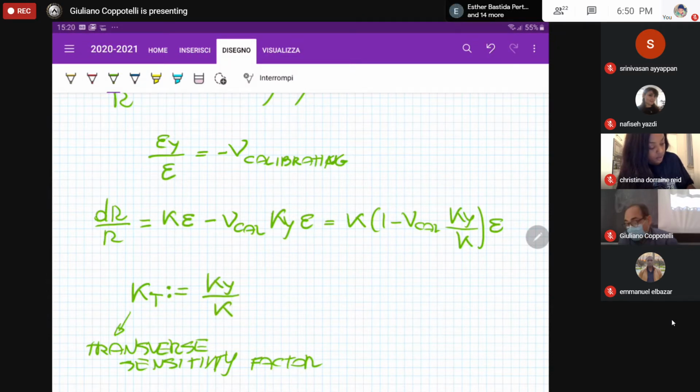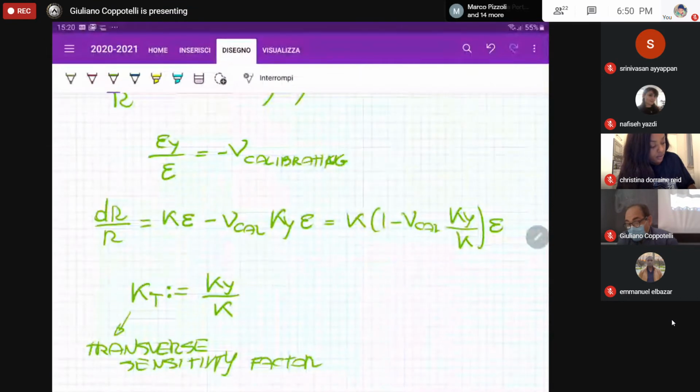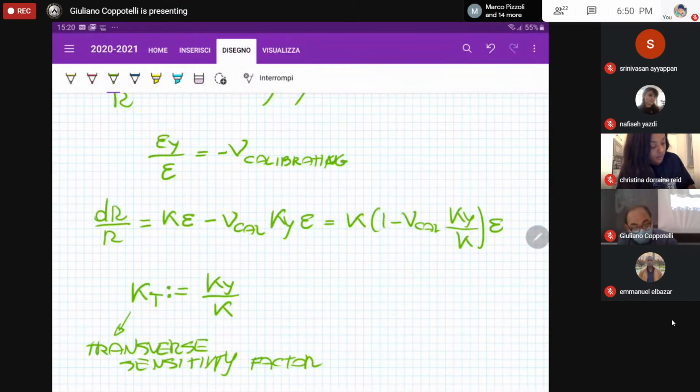Okay, and then we define the strain gauge global factor as Kg equal to K times (1 minus the mean calibration transfer sensitivity K factor).